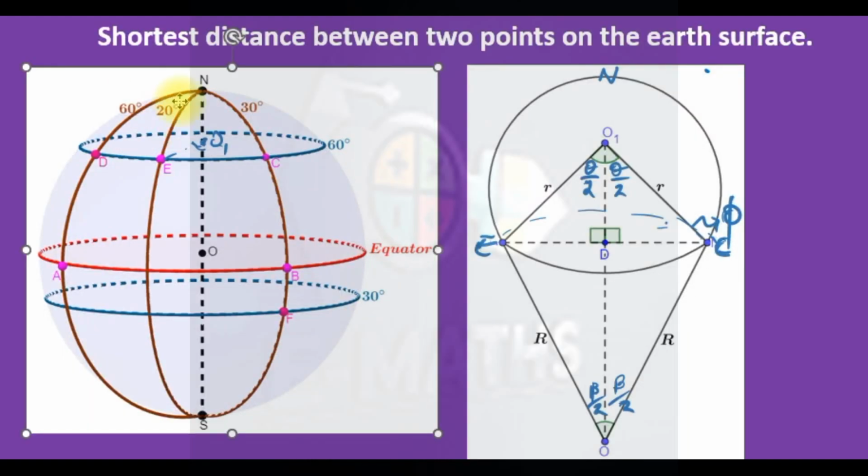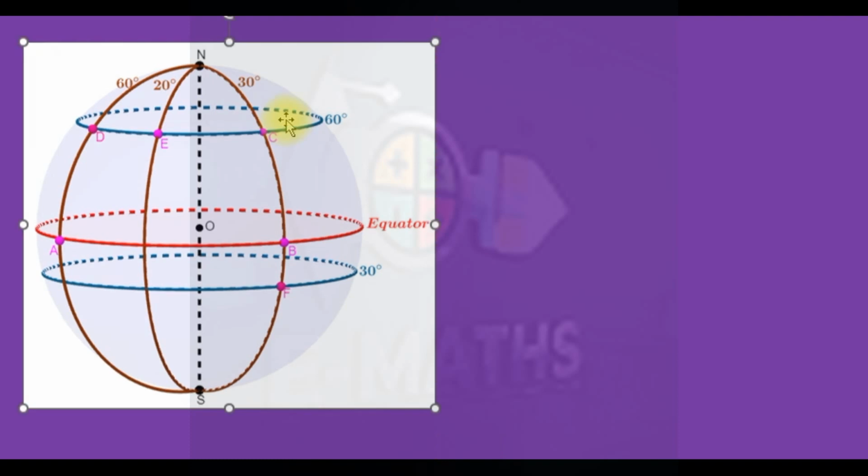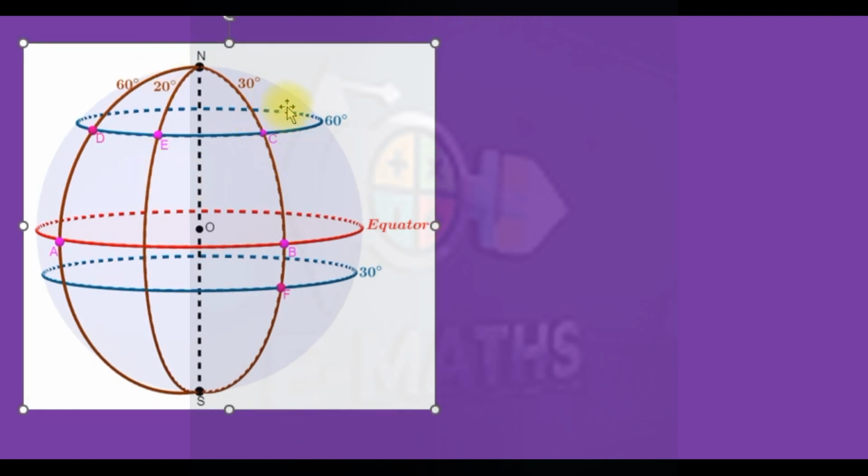So let me copy the equation. We want to find the distance between E and C in terms of the latitude, and after that solve along the longitude to know which one is shorter.